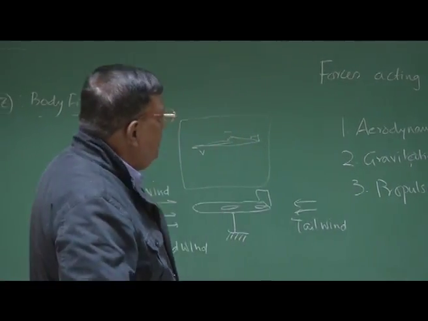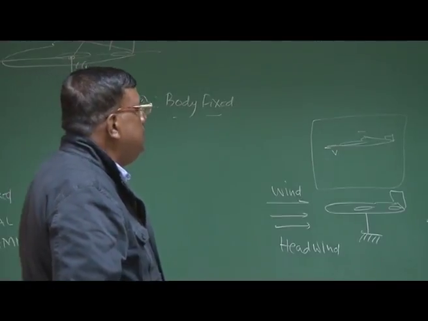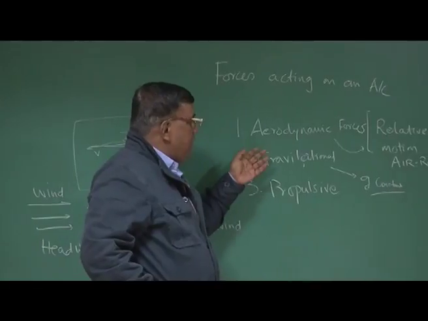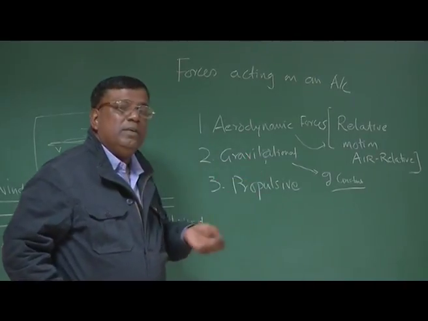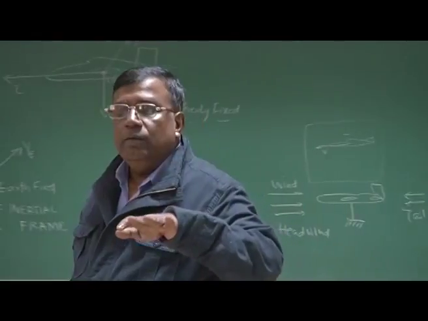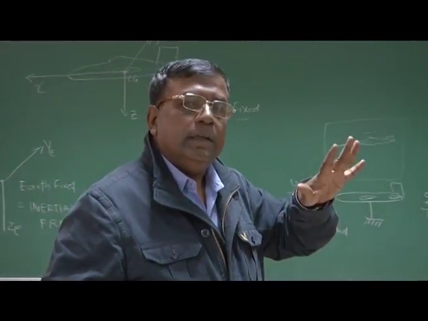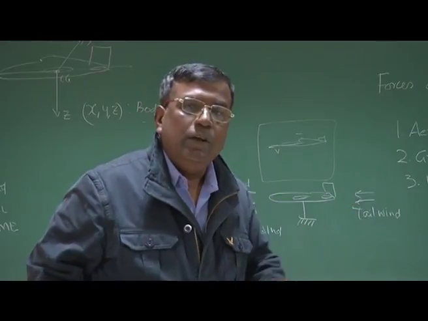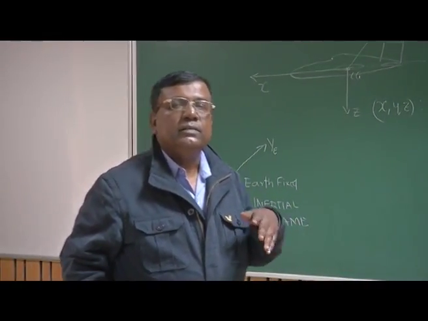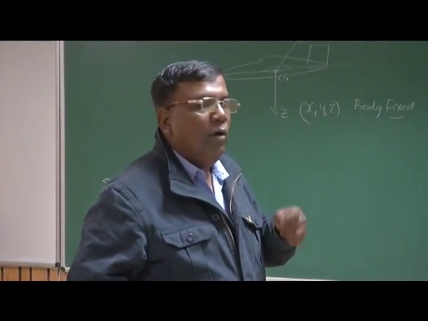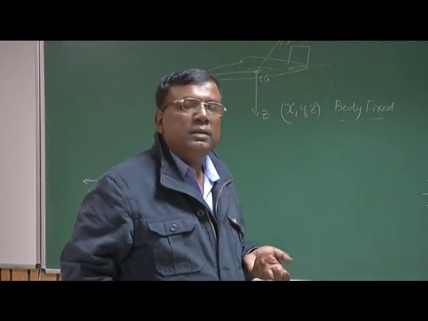But another thing you should understand, as far as stability is concerned, the gravitational force will always act through the center of mass, and we are evaluating the motion about center of mass. So that will not have effect in this angular motion, because the moment because of the gravitational force about CG will be 0.